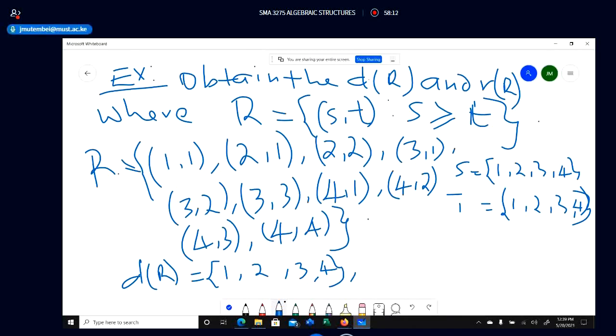The range of R is the set of all second elements, so again {1, 2, 3, 4}.